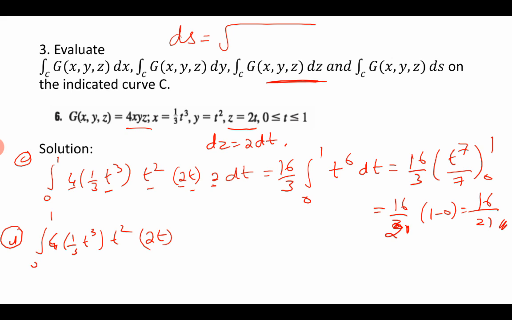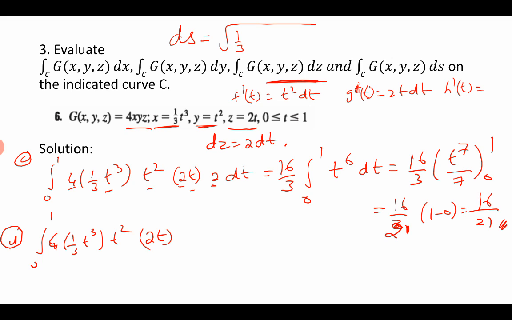First, differentiate x. I am finding f dash of t, which is 1 by 3 into 3 t square, which is t square dt. G dash of t, second, is 2t dt.